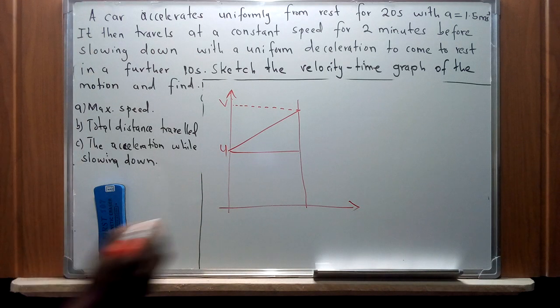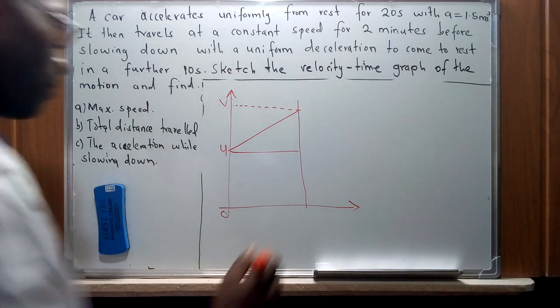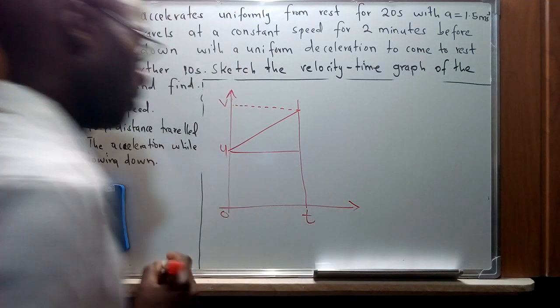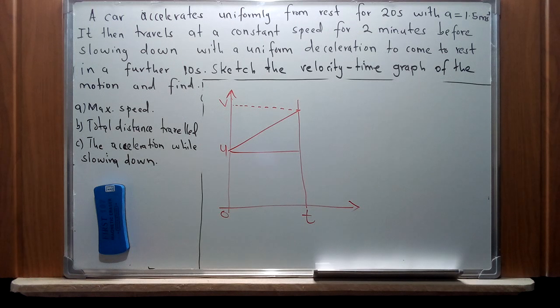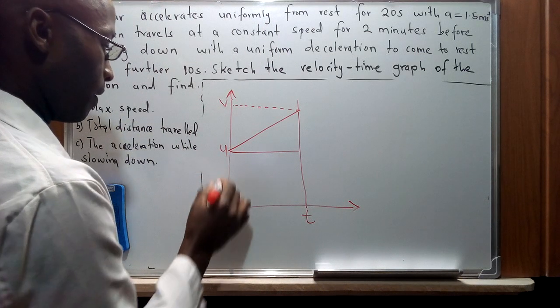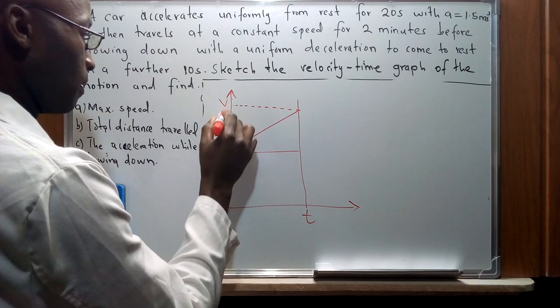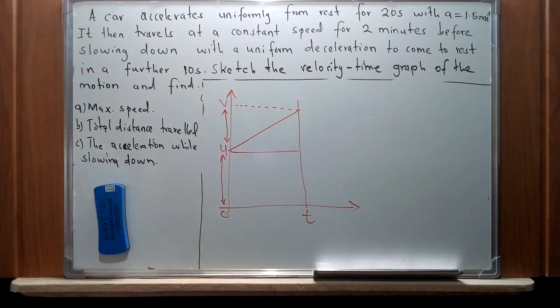An object starts from that point, this is the origin, and it travels for the time t from 0. The distance between this point and this one is u.